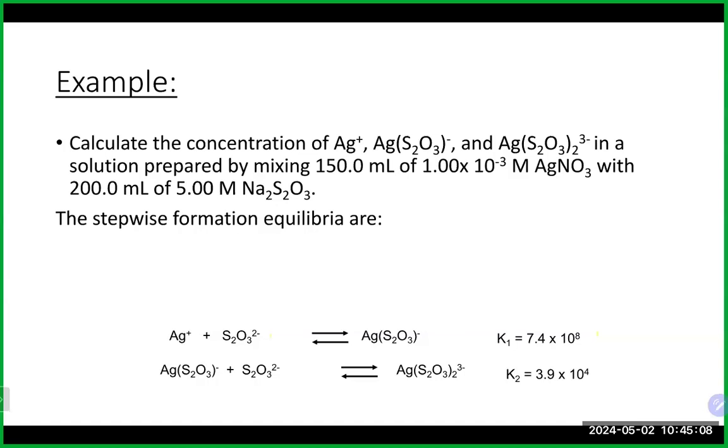This is a stepwise equilibrium that we got here. So as we talked about, we basically are putting one ligand on at a time, which means we can get the overall reaction that's happening here by simply adding these together.